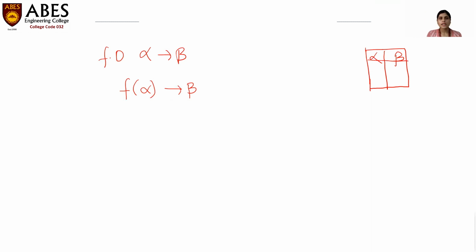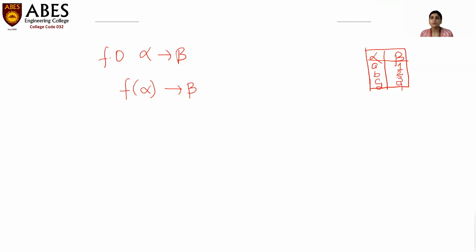Functional dependency basically means that if I tell you the value of alpha, then we can search for the value of beta. So how can we search for the value of beta? Let us consider a table with two attributes alpha and beta, where alpha has values A, B, C, and D, and correspondingly beta has values 1, 2, 3, 4.